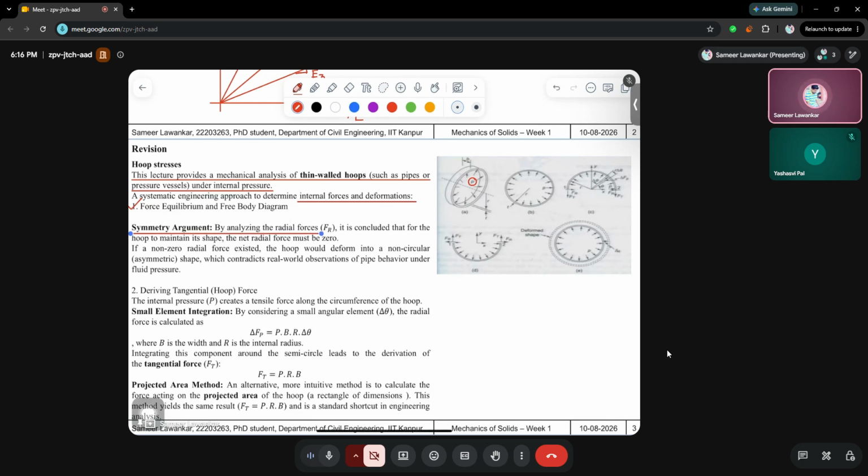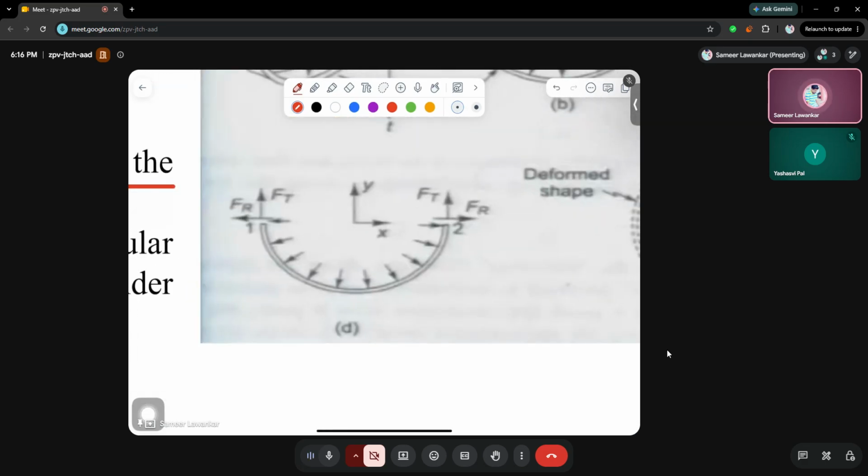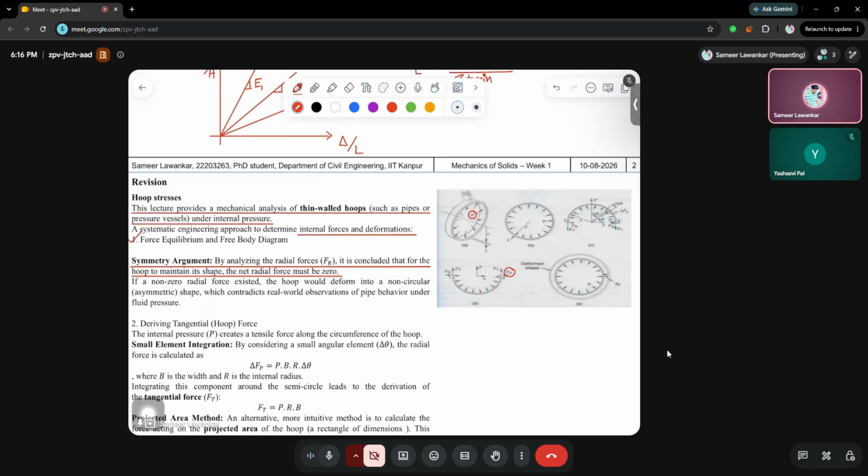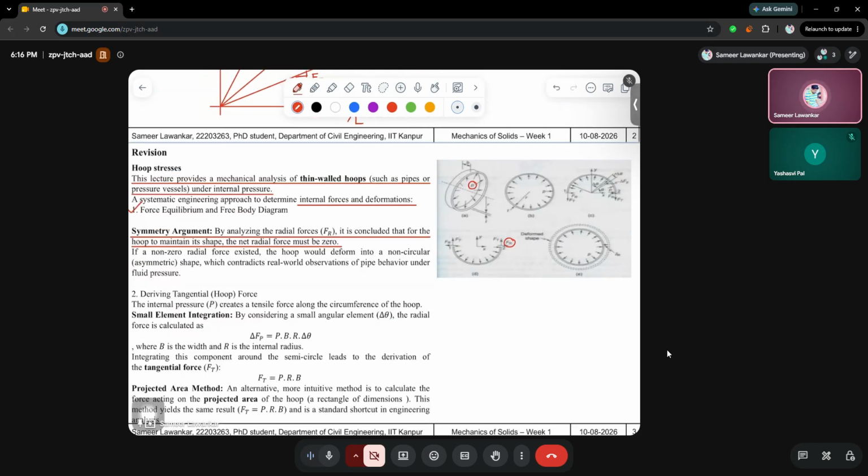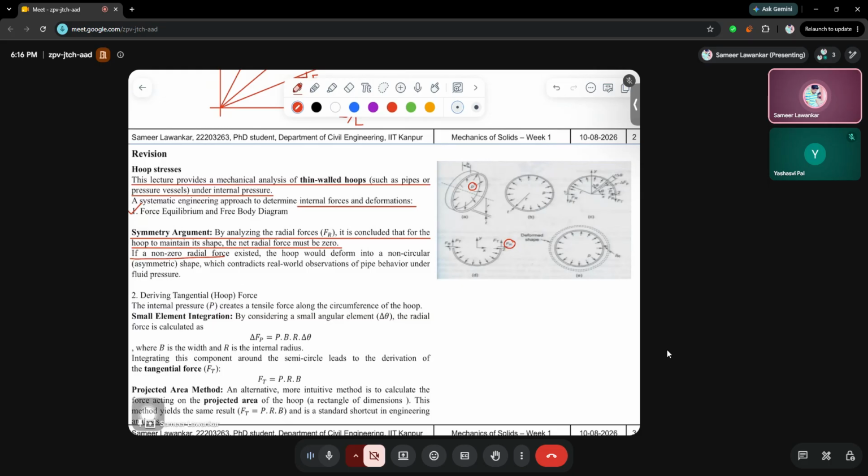By analyzing the radial forces Fr, it is concluded that for the hoop to maintain its shape, the net radial force must be 0. Therefore the complete value of Fr on the net for the complete surface should be equal to 0. Just as a concept, this has been written here: if a non-zero radial force existed, a hoop would deform into a non-circular asymmetrical shape, which contradicts real-world observations of pipe behavior under fluid pressure.